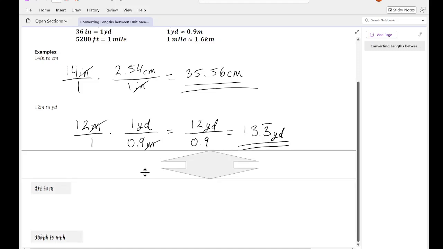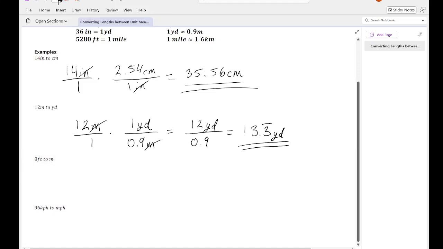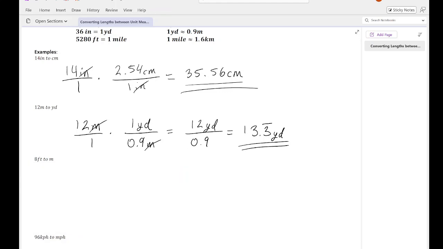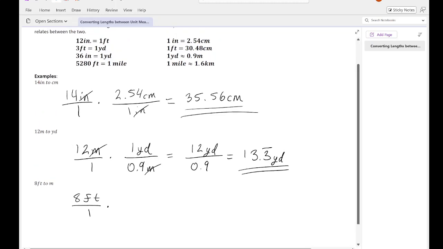What about this one? 8 feet to meters. So again, I start off with 8 feet divided by 1. And now I'm going to convert it to meters. So what do I got up here that has feet to meters? And I don't have anything, actually.